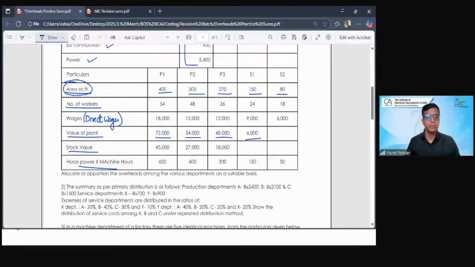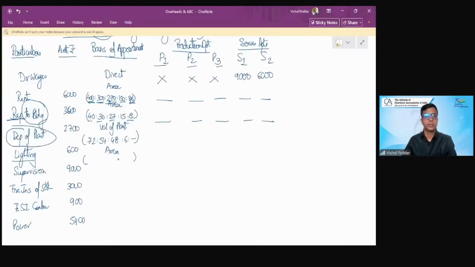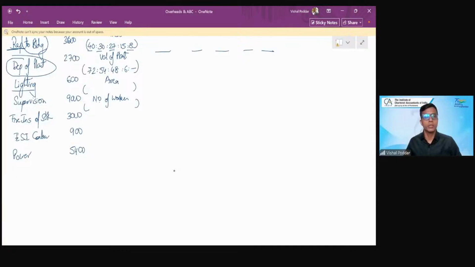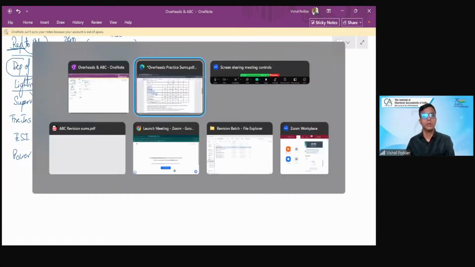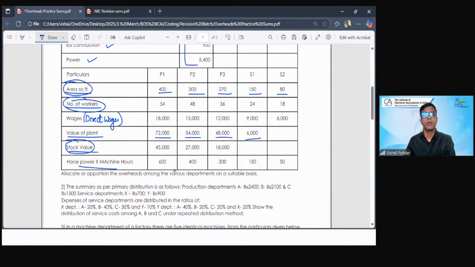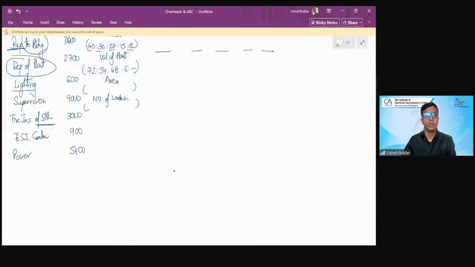Now for supervision, it will be number of workers, correct? So it is number of workers, again the ratio. Then for insurance, here again you have to be specific. It is insurance premium paid for insuring what? They have mentioned this insurance is for stock, so I'll have to take something relevant to stock. Stock value is given, so here my base would be value of stock. Then comes ESI contribution.